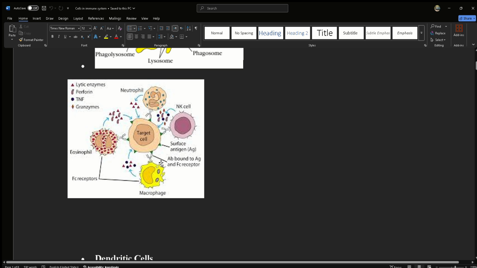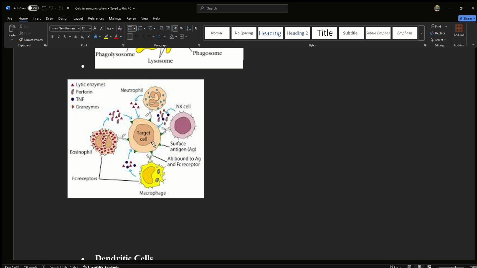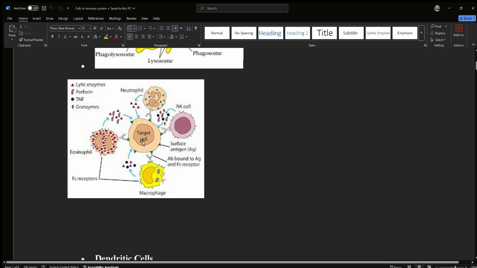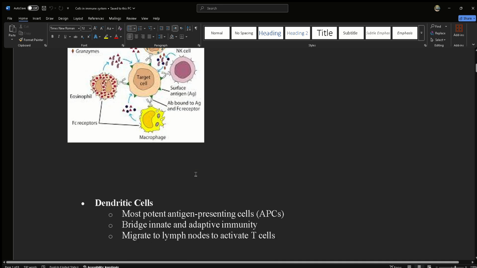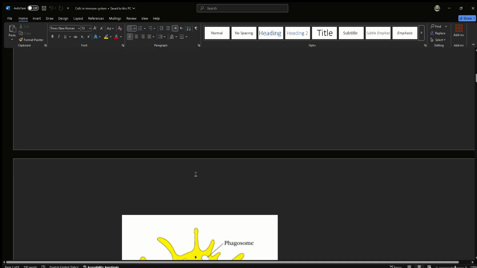So antibodies will inform all these four different types of cells about the target or the danger or the pathogen, so that they can act and kill that target cell or pathogen.